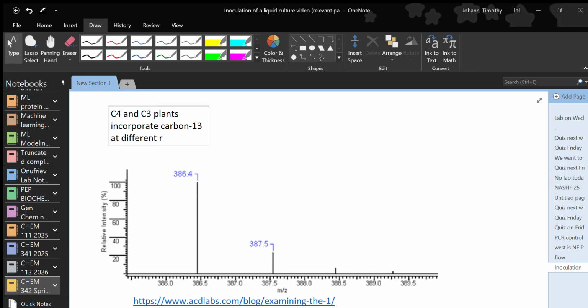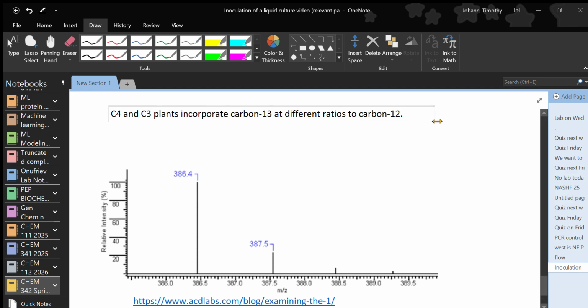Let's say at different ratios to carbon-12. So you're going to get a different C13, C12 ratio. You guys remember from NMR, you'd have your C13 peak, right? Because C13 is about 1% abundance. It's not horribly abundant, but it is abundant. And so you could pick that up on mass spec.